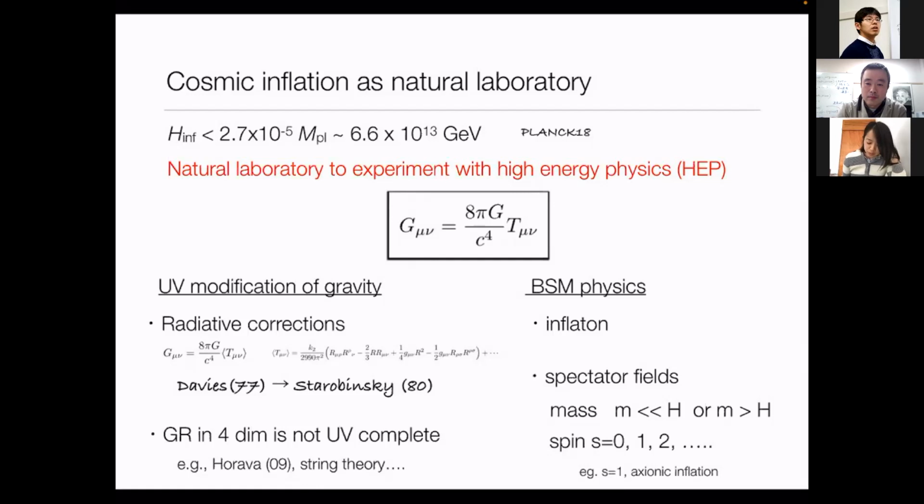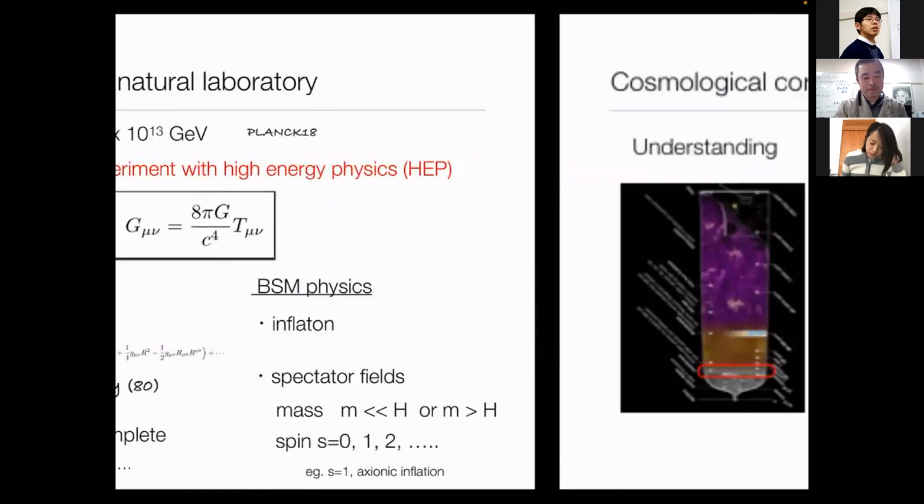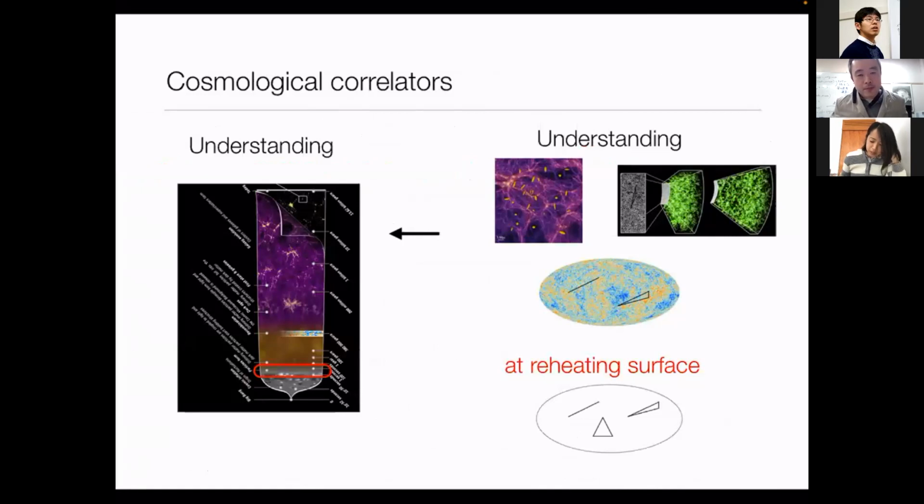This is a modification of the left-hand side, and for the right-hand side, inflation requires physics beyond the standard model. Apart from the inflaton, which is the driving force of inflation, there might be other fields called spectator fields, which may have various spins and various mass spectrums. Those things may be accessed by cosmological observations.